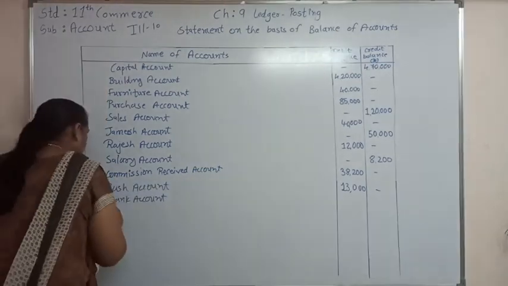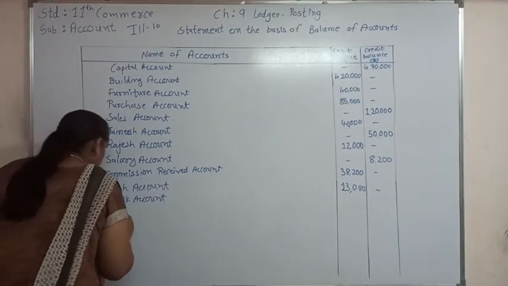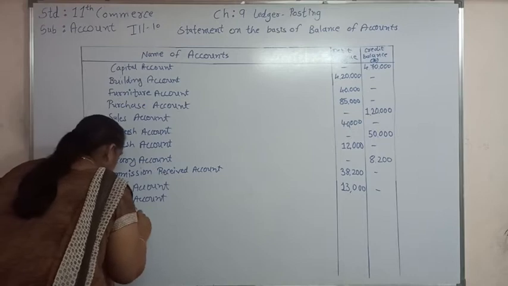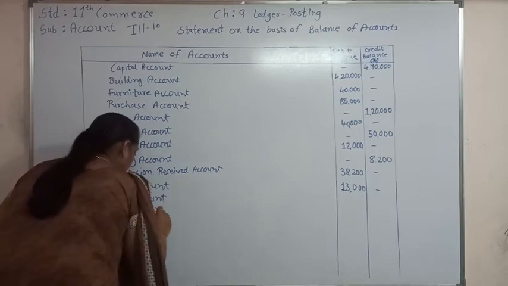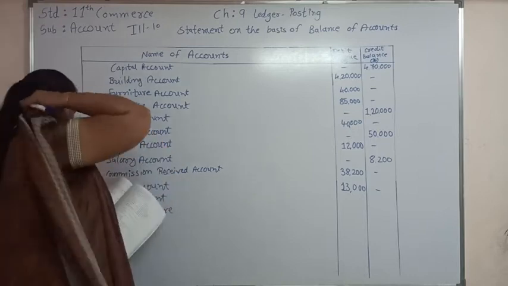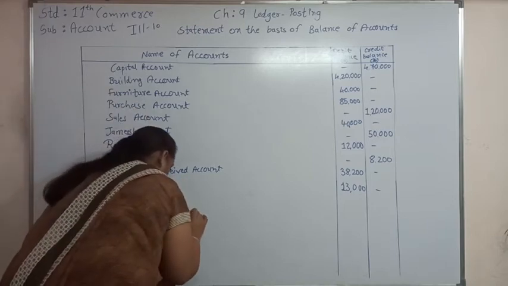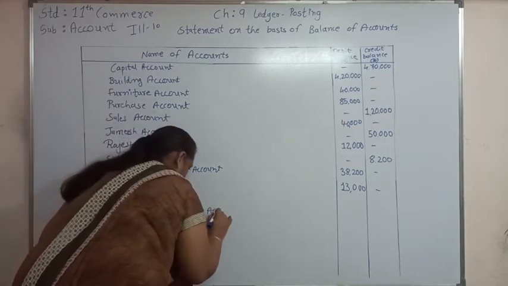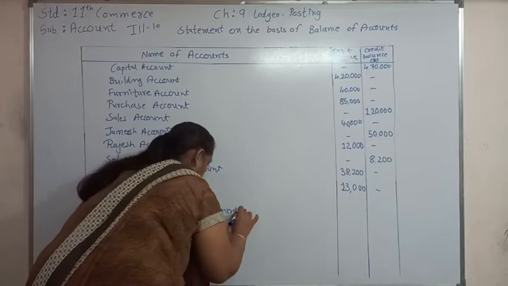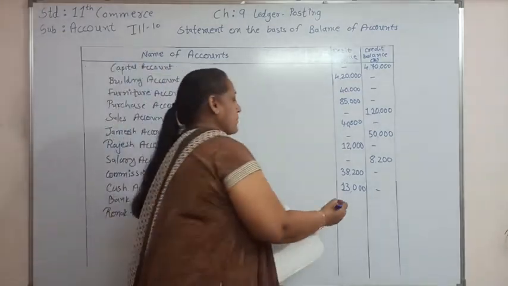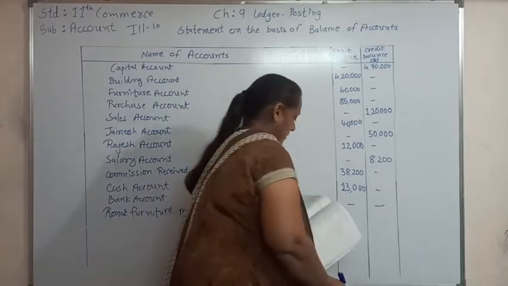So here, Ronak Furniture Mart has no balance, that is a squared up account.